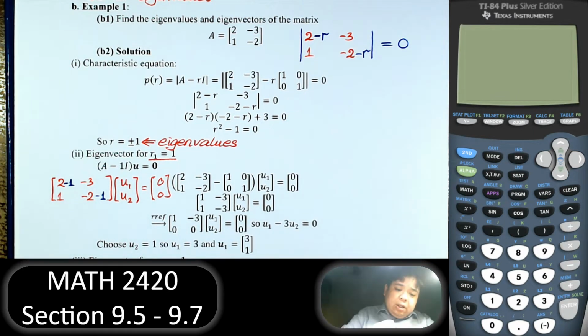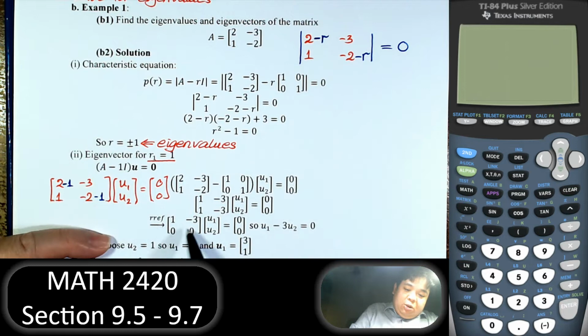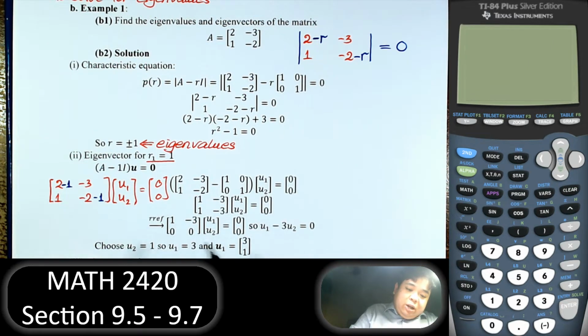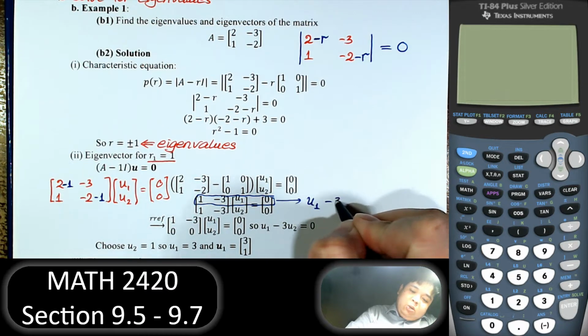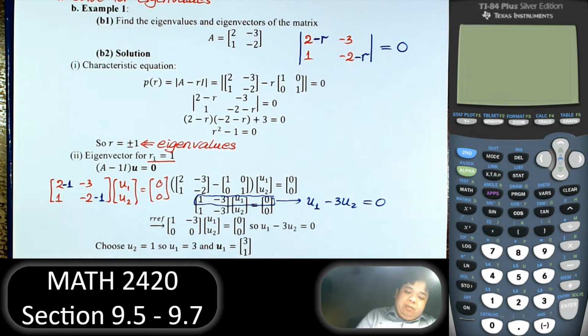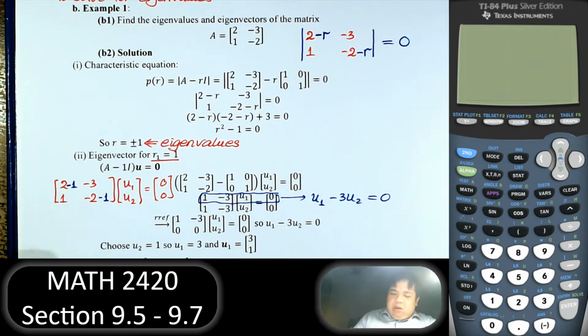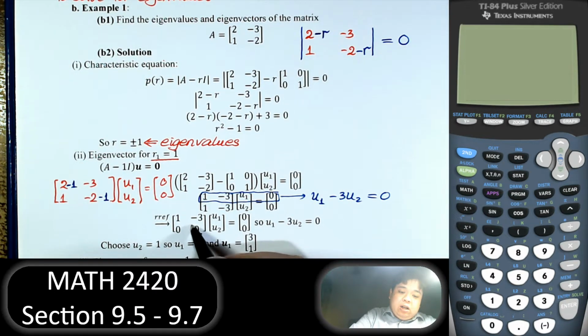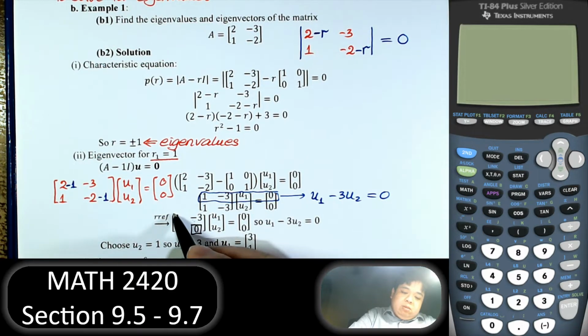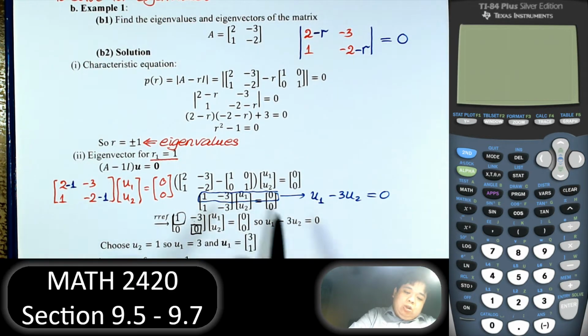So we can do it long-winded like this, or we can just take this equation and rewrite it. What do we have? u1 minus 3u2 equal to 0, right? Now, when we do the reduced echelon form, remember we did this in the previous section, if we have the 1, that is basic. This one is not 1, so we're going to let u2 be arbitrary.